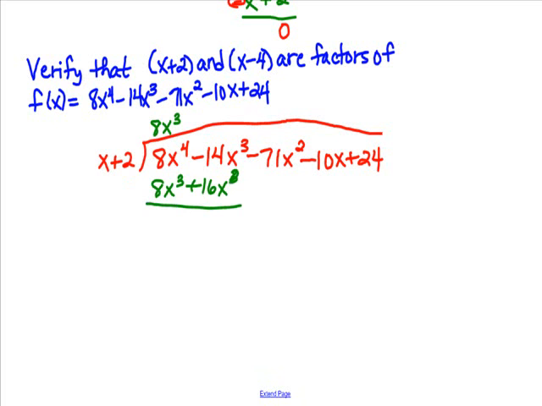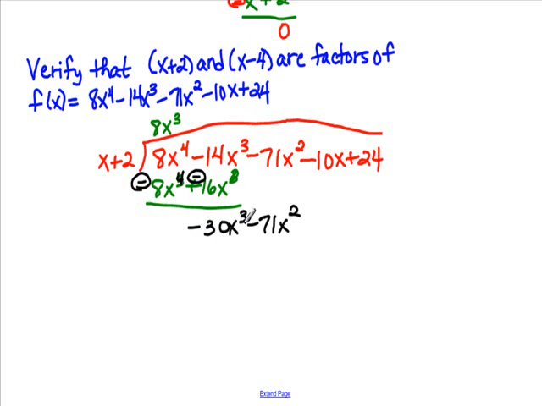Now we subtract, which will change the signs. I just realized I made a boo-boo with the powers there. So the first terms are eliminated. Negative 14x cubed minus 16x cubed would be a negative 30x cubed, minus 71x squared.